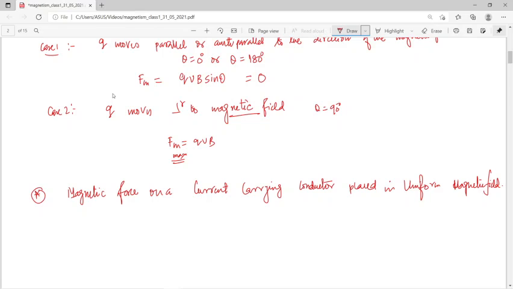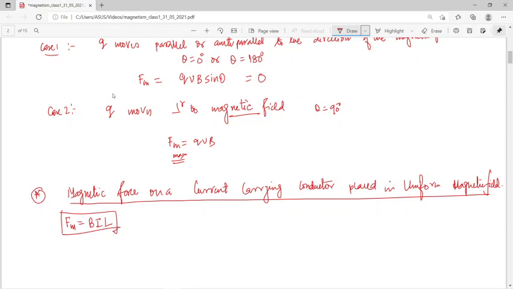The result that we deduce is that the magnetic force can be written in another format. This is BIL, that means B is the magnetic field, I is the current, and L is the length of the conductor. If you know that, you can solve the problem. That means you can use it directly, but in boards you have to prove it.